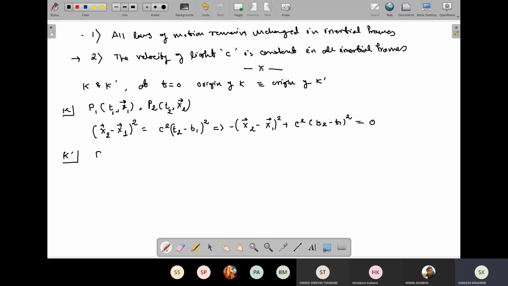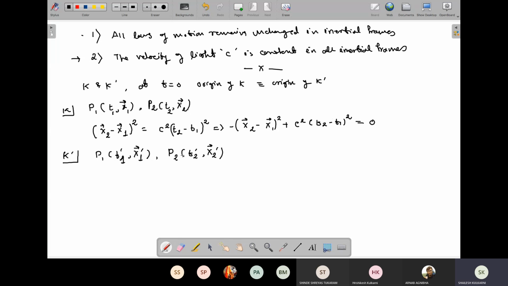In the K prime frame, my event P1 is labeled by T1 prime and vector x1 prime, and event P2 is labeled by T2 prime and vector x2 prime.